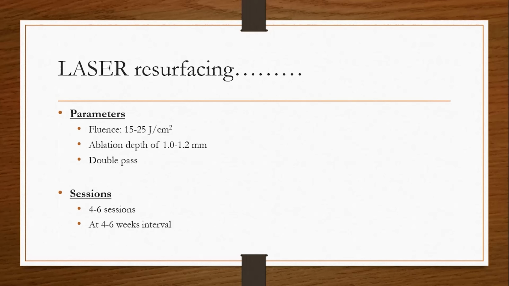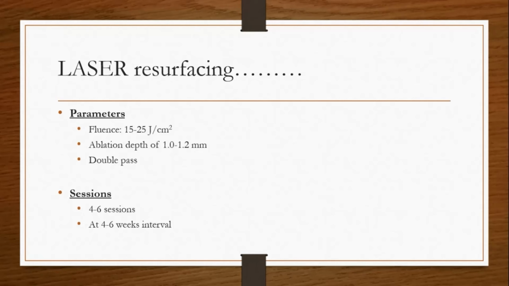I generally practice with these parameters. Parameters may vary from individual to individual and for different types of acne scars. I generally try a fluence of 15 to 25 joules per centimeter squared, ablation depth of 1 to 1.2 millimeter, and a double pass setting. Generally, we need 4 to 6 sessions, 4 to 6 weeks apart.